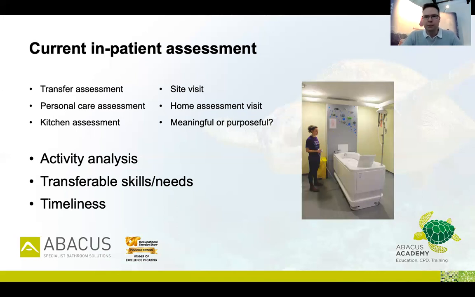I don't think, in my experience as an inpatient occupational therapist, when you think about the thousands of patients I must have seen in that time, that there were many occasions where I wasn't confident with the recommendations I'd made based on what I'd seen within the hospital.